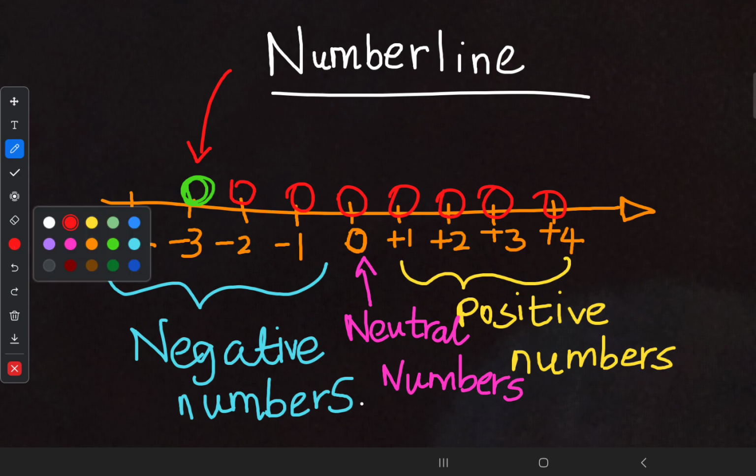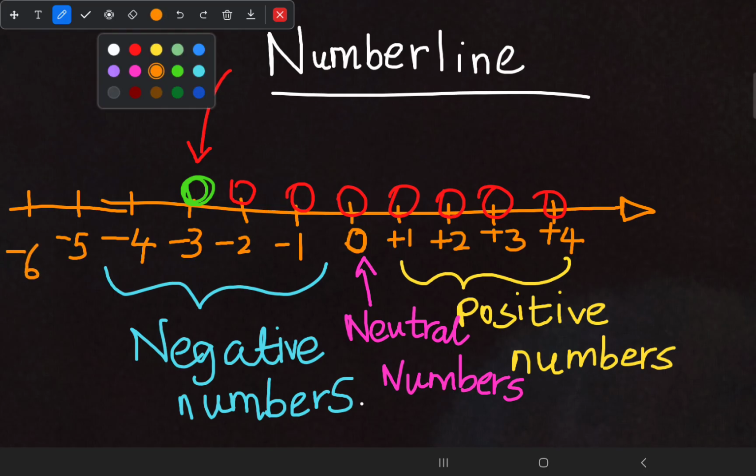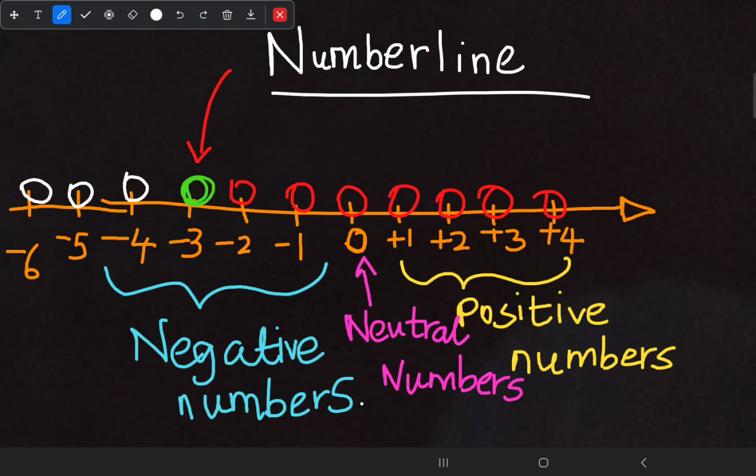When we extend this line a little more to study another one, here this is -5 and -6. Here you can look at these white color lines. Our reference point is the green color one.